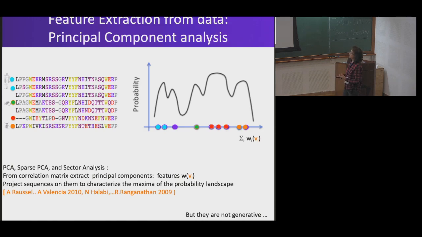This is typically done, for example, by principal component analysis, in the sense that one can take the correlation matrix between the occurrences of the different amino acids at different sites, diagonalize it, and find some principal components or principal modes. Then the sequences can be projected on this space to characterize the maxima of the probability distribution.